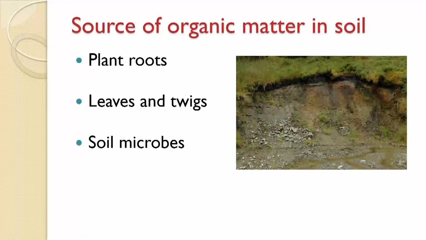Next let's learn about the sources of organic matter in the soil. Organic matter in soil comes from various sources. One such source is plant roots. When a plant grows, its roots spread within the soil, through which the plant collects water and nutrients from its surrounding area.